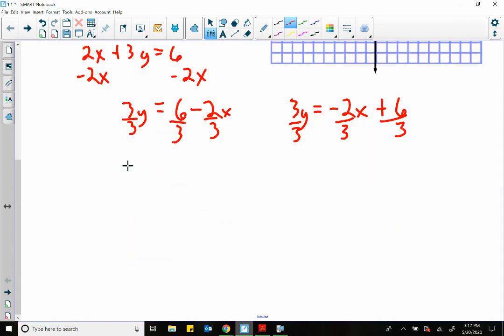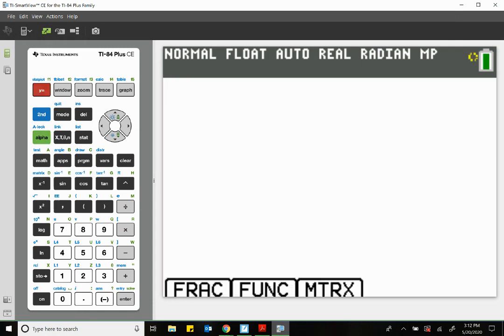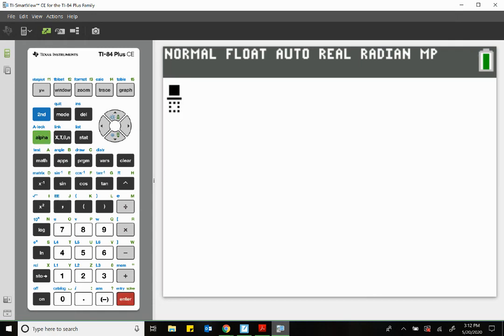And the final step, all you have to do is make sure that all these fractions, because that's what you created, are reduced. And again, remember in your calculator, I showed you this in section A1. Alpha y equals is your fraction key. So if you put 6 over 3, because you don't know that reduces to 2, and hit enter, there you go.